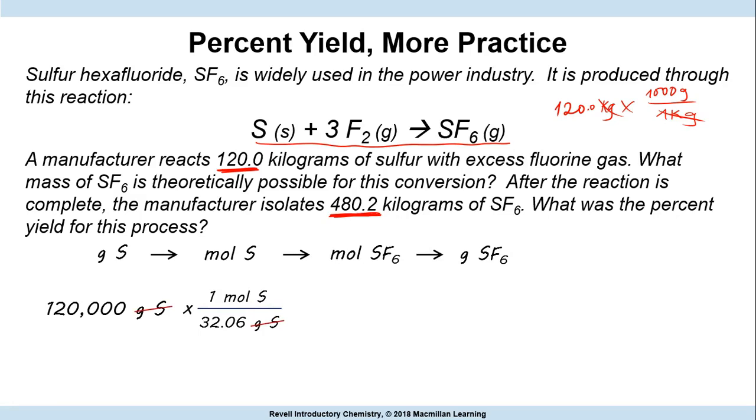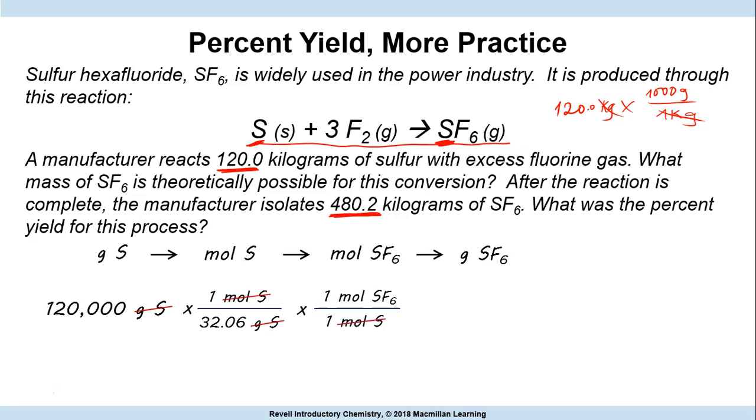Now we are going to convert to moles of sulfur hexafluoride using the balanced equation. We see that 1 mole of sulfur gives 1 mole of sulfur hexafluoride. So the molar ratio is 1:1. We multiply by that ratio, and now we have the moles of sulfur hexafluoride. So moles of sulfur cancel out.